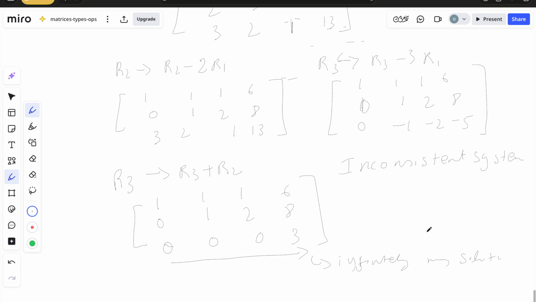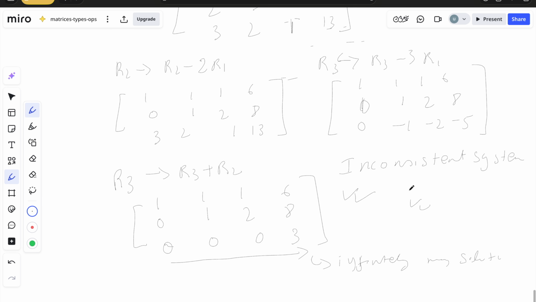I will attach that in the description if you want to go through that again. So we don't have a solution for this type of system of linear equations. It's an inconsistent system, right?